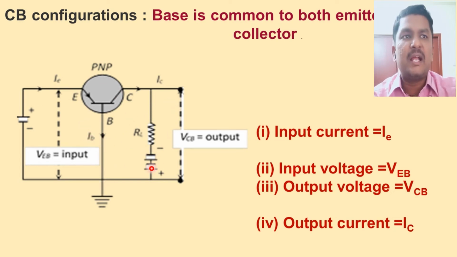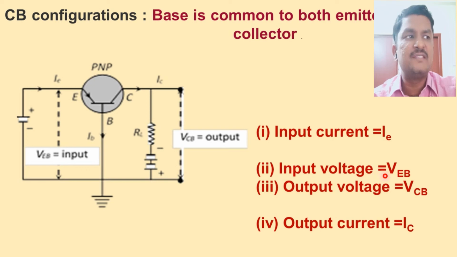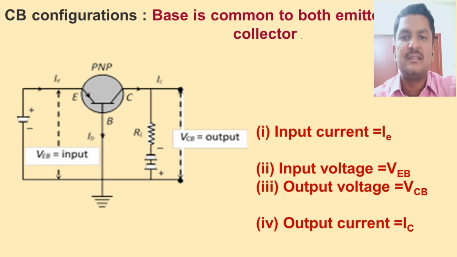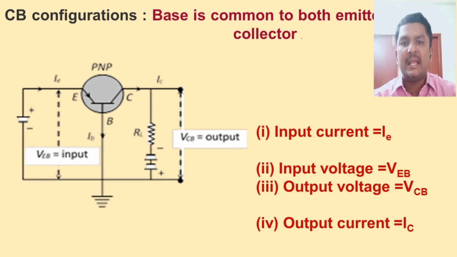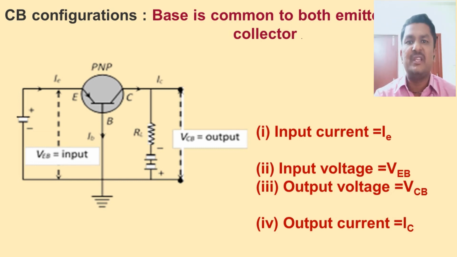The input current is IE, input voltage is VEB, output voltage is VCB and output current is IC. I mention the input current, input voltage, output current and output voltage here.